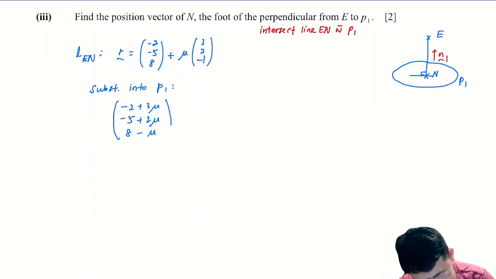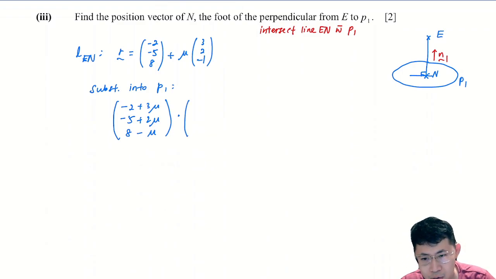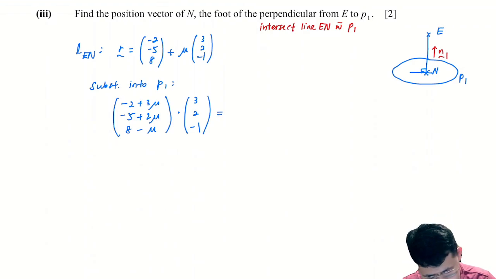Sub in the point, dotted with (3, 2, -1), and this is equal to 4. Slowly you will solve your mu to be equal to 2.